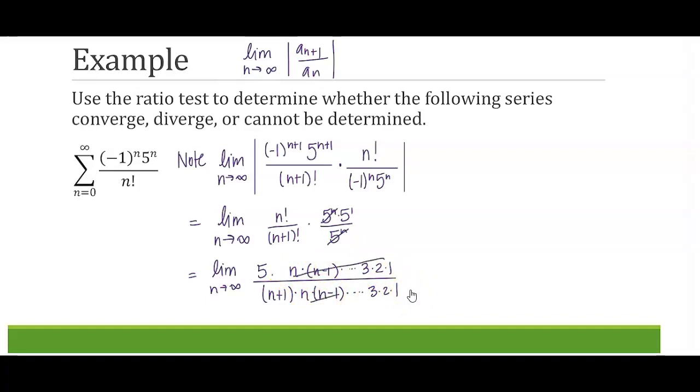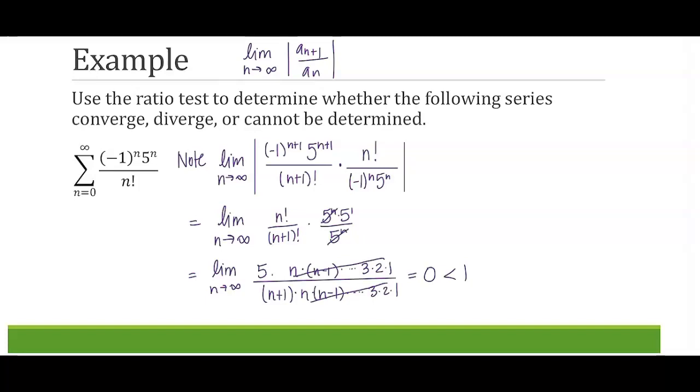All of these terms are going to cancel with all of these terms, just make that a 1. So what I'm really evaluating here is the limit as n approaches infinity of 5 over n plus 1. Well, if I have a constant on the top and the denominator is getting really big, that whole fraction goes to 0. So this limit equals 0, which is less than 1.